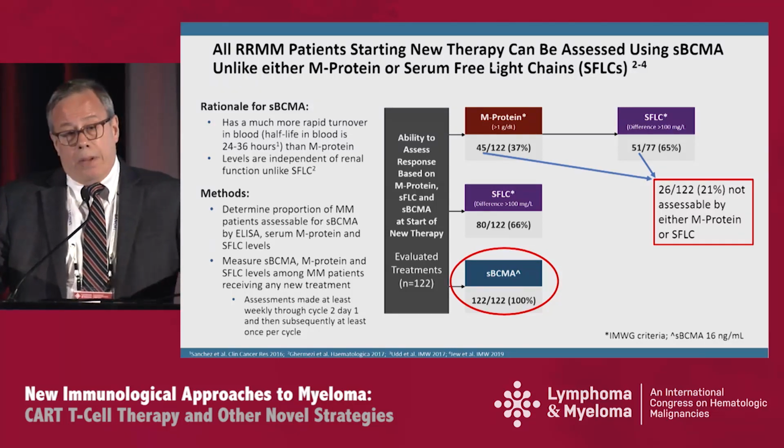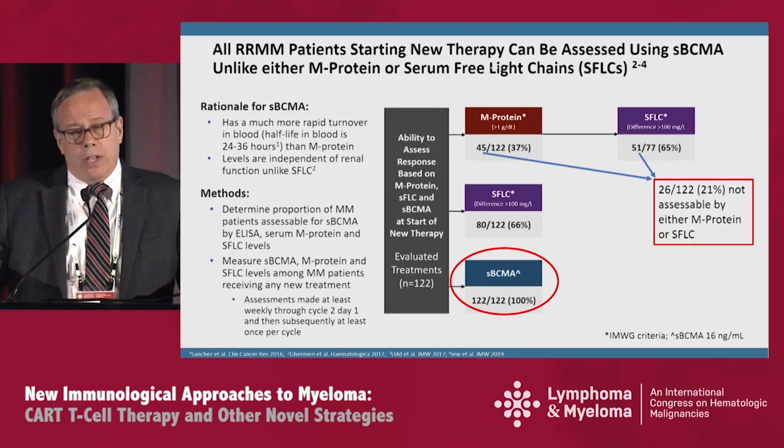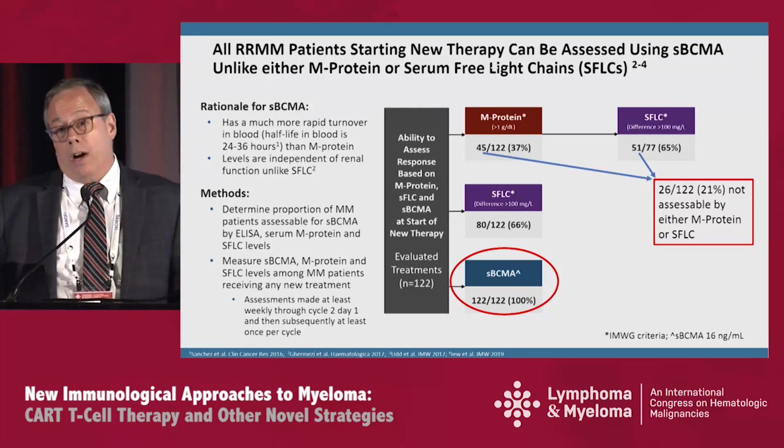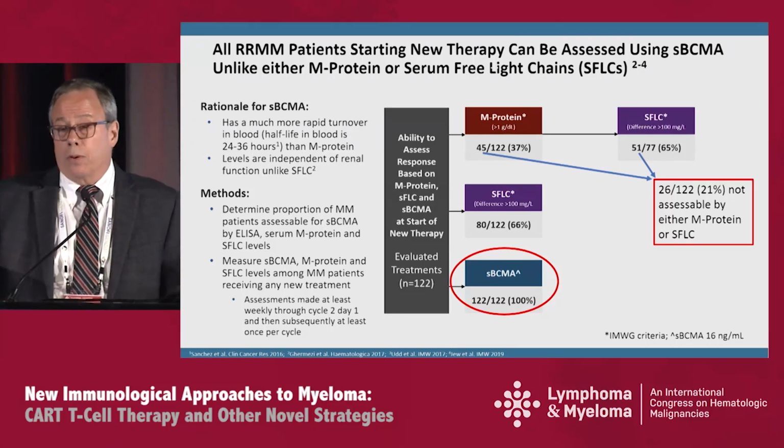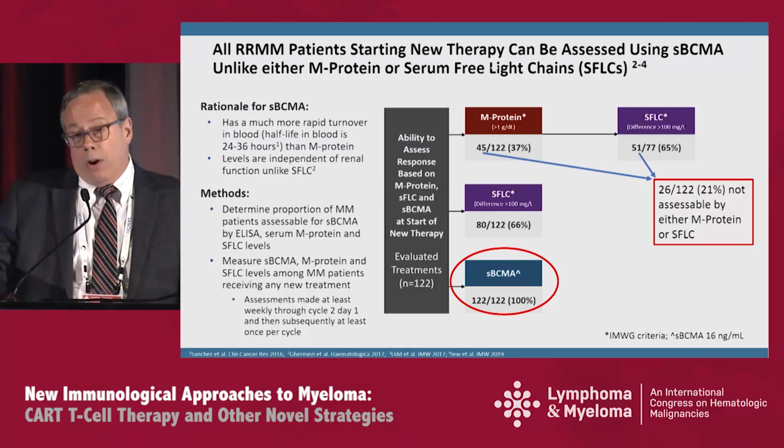Again, because of the more rapid half-life, we expected to get a more rapid read on progression. We determined the proportion of patients that were accessible by BCMA, M protein, and serum free light chain, the latter two based on IMWG criteria, and then we measured those three analytes at baseline, weekly during the first month of new therapy, and also on day one of the second cycle.